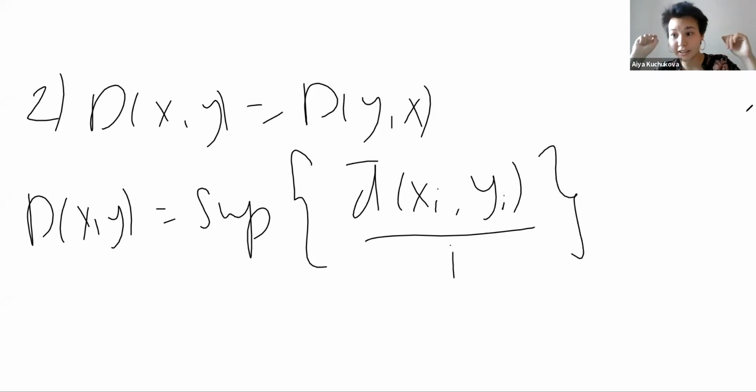Okay, so why does it not care about the arrangement of x and y's? Well, you have to remember that this d bar is a metric. And so we know that the second property holds for d bar, right?